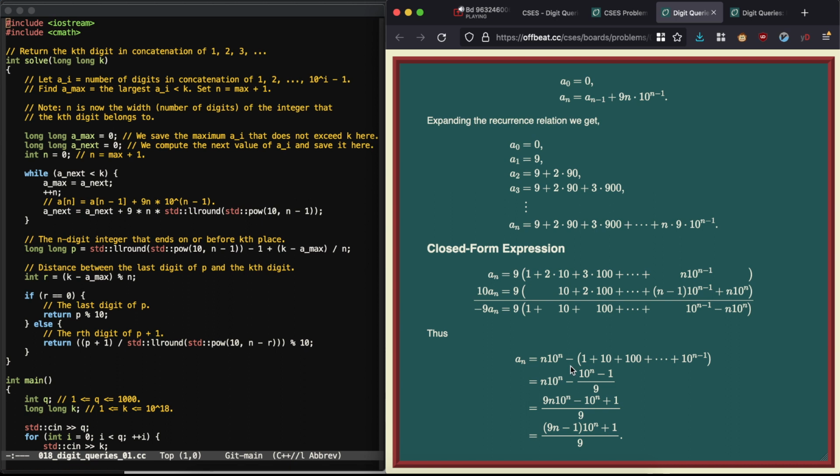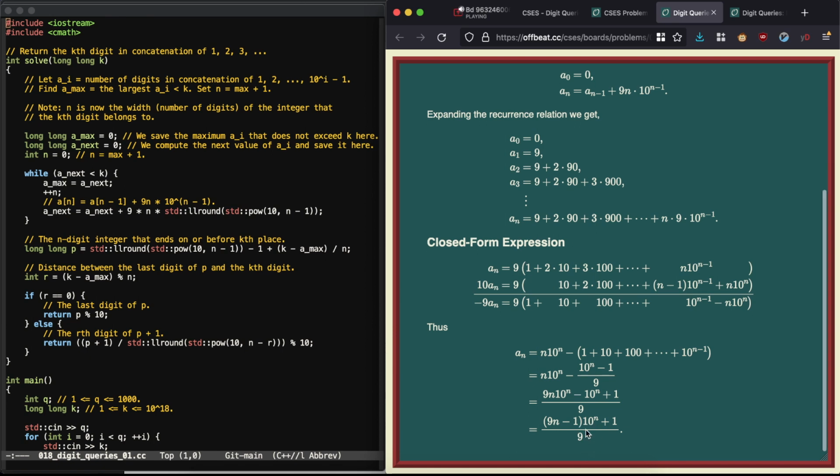Then we can rearrange these terms and clean it up a little bit more, and this is one formula that we get. We take this in the numerator, so this term is multiplied by 9, so that is this term here, 9 times n times 10 to the n, and then we have 10 to the n common in both these terms, which I take outside, and we get (9n minus 1) times 10 to the n plus 1, divided by 9.